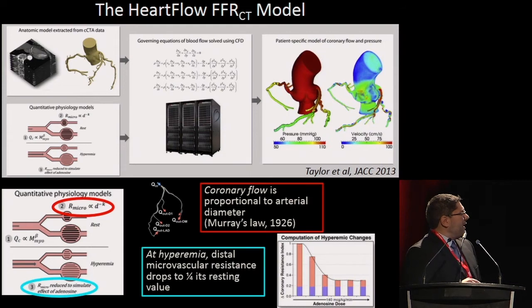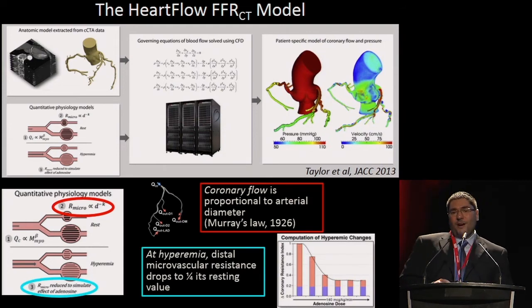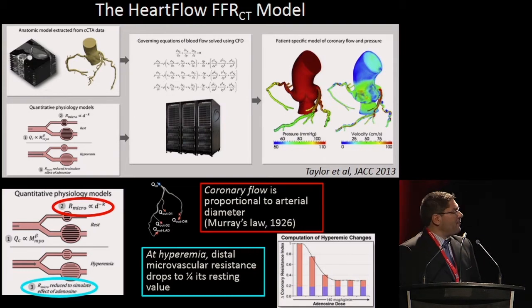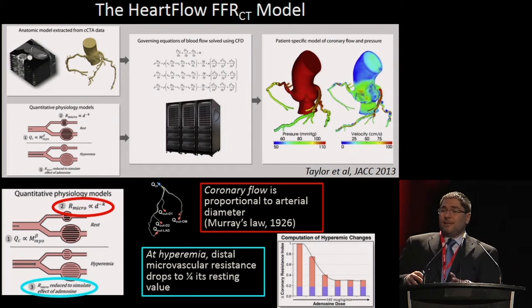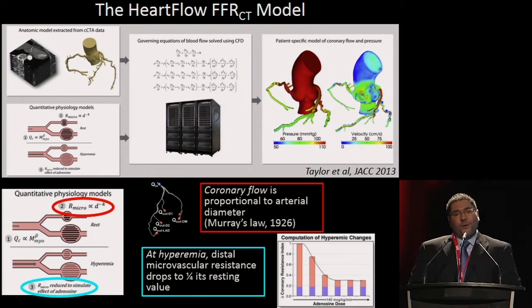And the second component is, well, to measure FFR, you need to do that at maximum hyperemia, at cardiac stress. So how do you simulate stress starting from a resting state CT angiogram? Well, for that, you make an assumption that at hyperemia, the microvascular resistance has a very specific response to adenosine. That response is basically that in everybody, it drops to 1/4 its resting state value.